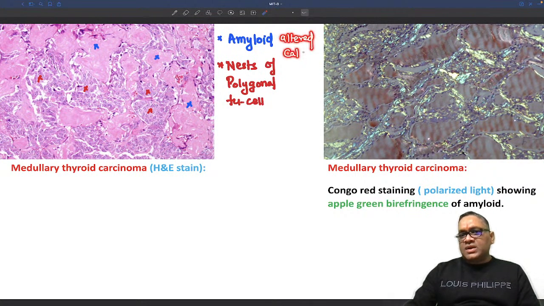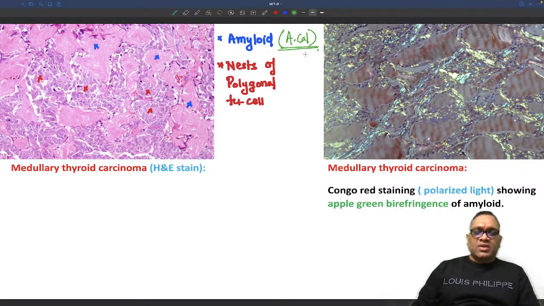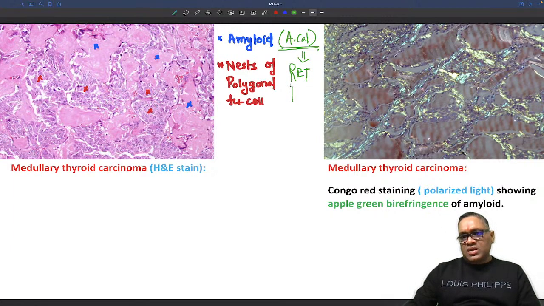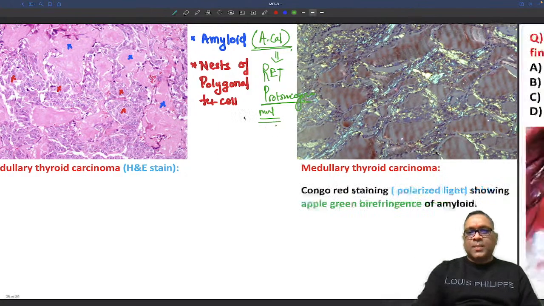That is why this amyloidosis is called A-Cal type of amyloidosis, right? So medullary carcinoma of thyroid will have A-Cal type of amyloidosis. And the mutation you have to remember from the exam point of view is the RET proto-oncogene mutation, right? So RET proto-oncogene mutation is associated with medullary carcinoma of thyroid.